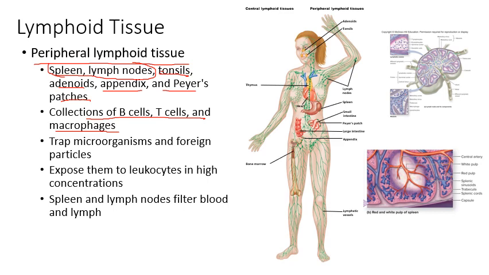Usually they are areas in which you can trap microorganisms or foreign particles. The pathogens can get trapped, and since we have immune cells there, we can start an immune response. Okay, so we can get high concentrations of the pathogens.